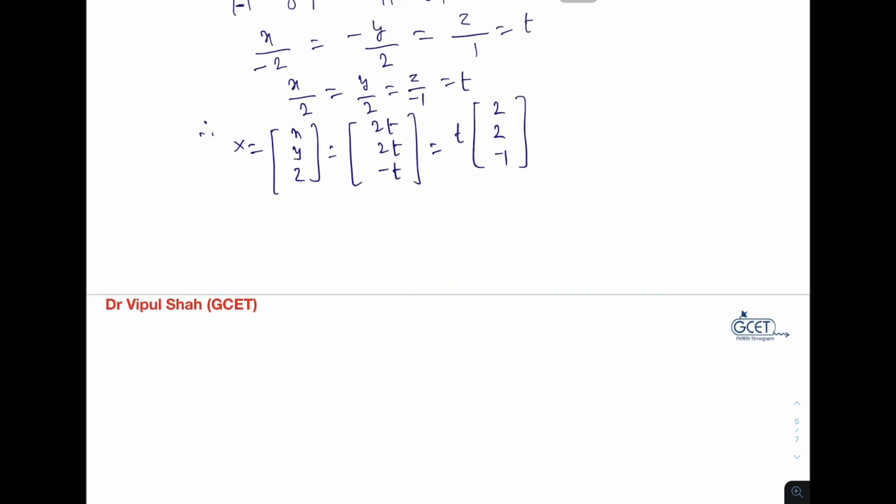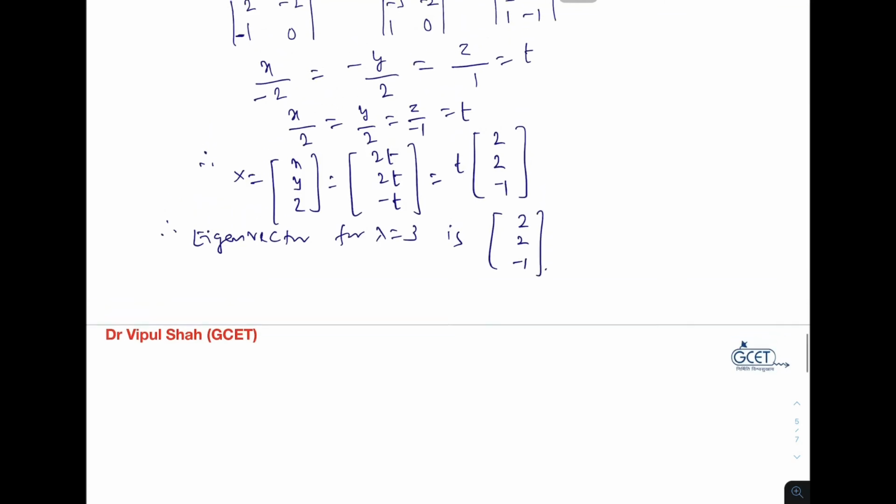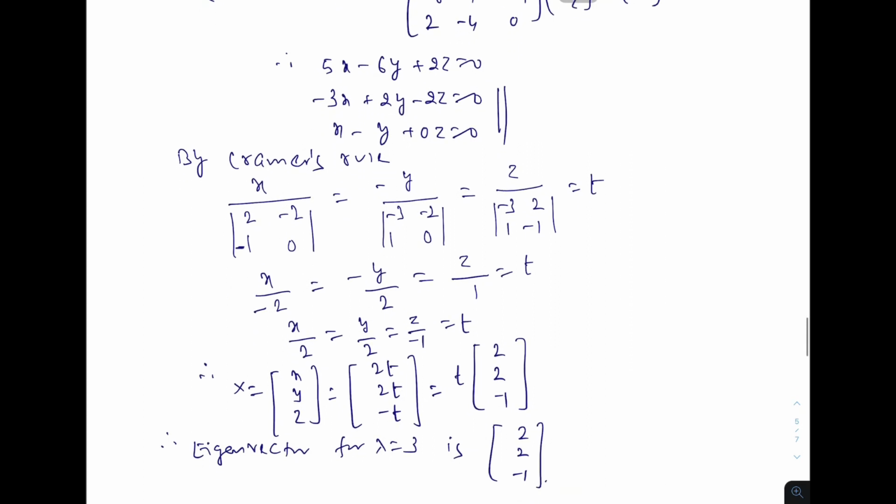Okay, so that is the eigenvector. So therefore the eigenvector for lambda equal to 3 is 2, 2, minus 1. Okay.